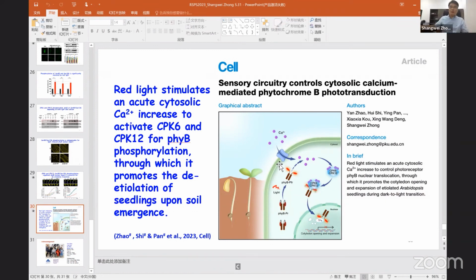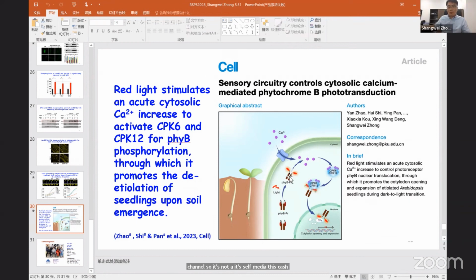Yeah, that's a very good question. We found that this red light induced calcium increase is dependent on PhyB, because with the phyB mutation, the red light cannot stimulate this calcium increase. But phytochrome B is not an ion channel, so it does not itself mediate this calcium increase.